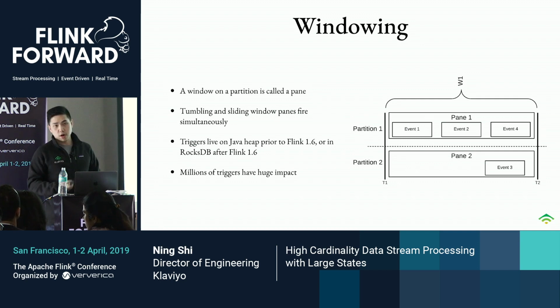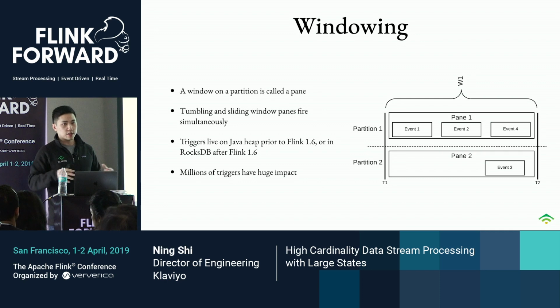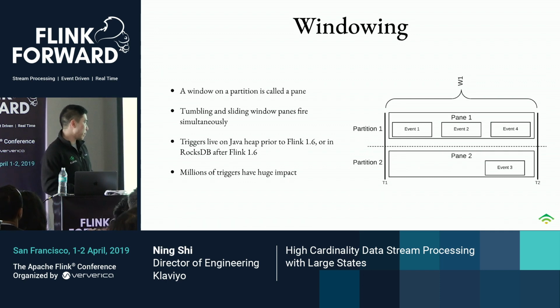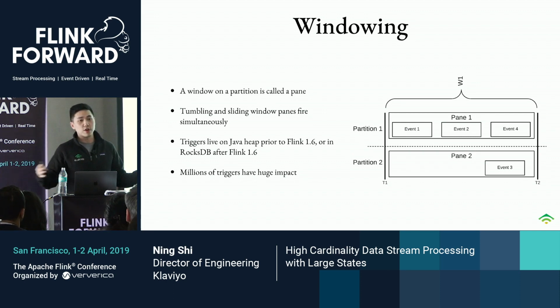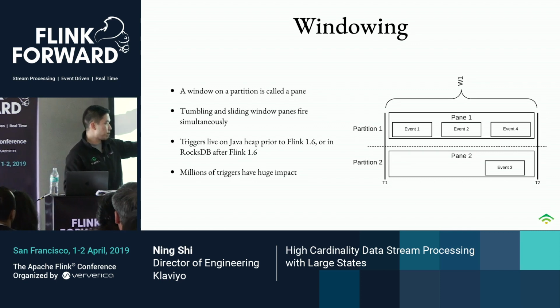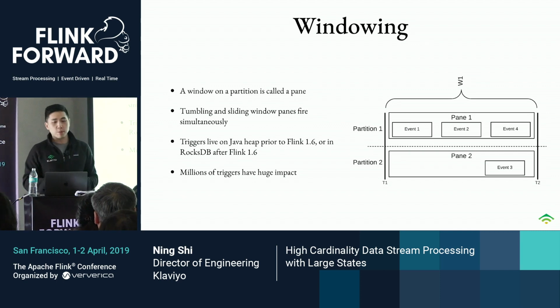What's a little bit challenging for us is that we have such a high cardinality workload, meaning that we have so many different partitions at the same time. We end up leveraging this approach. We end up having millions of triggers firing at the same time. So, thundering herd effect. When the window is open, between T1 and T2, nobody writes anything.